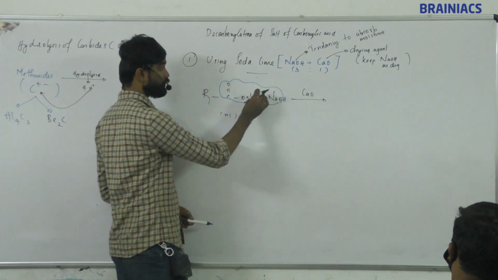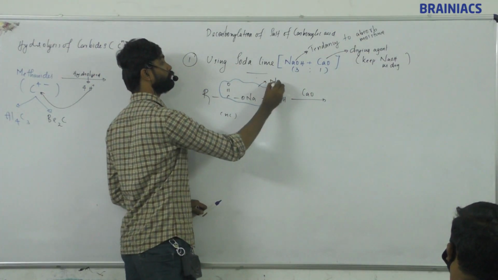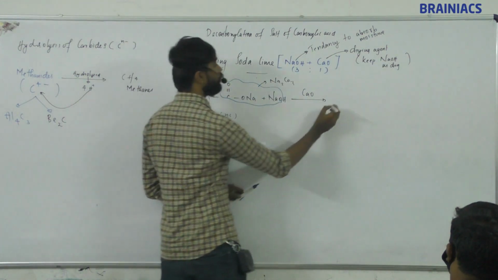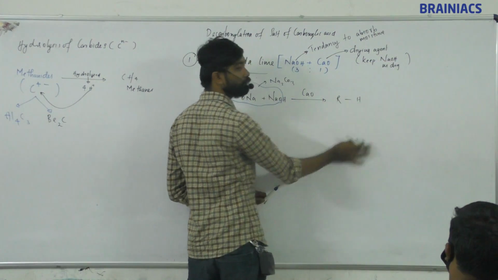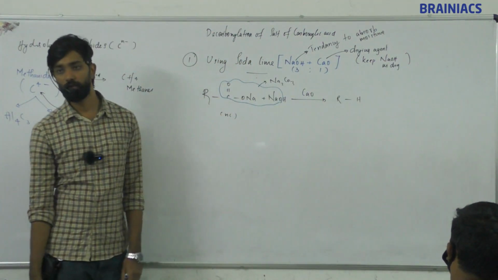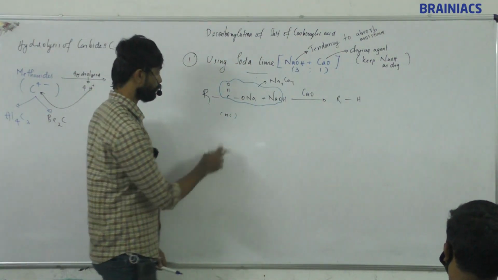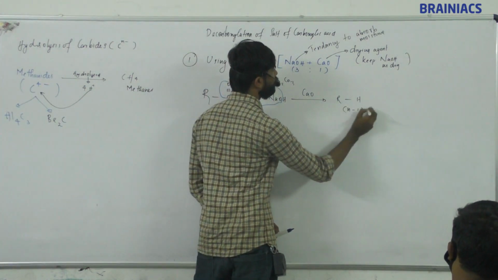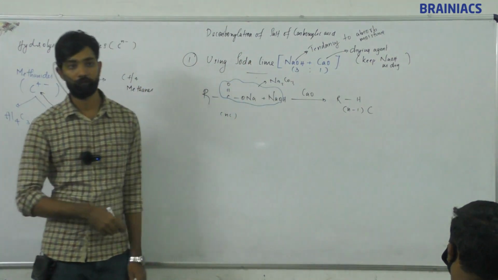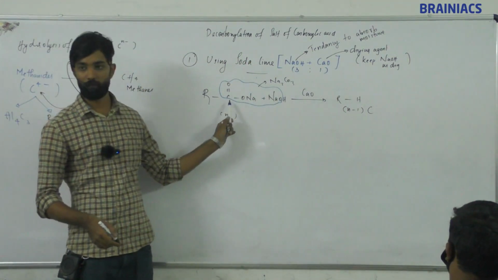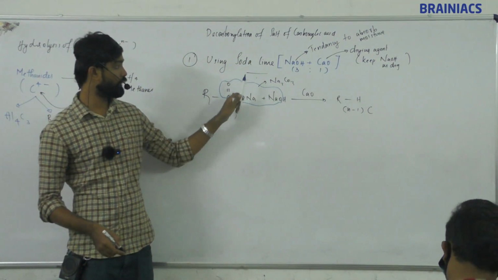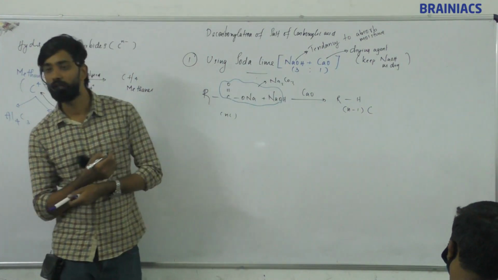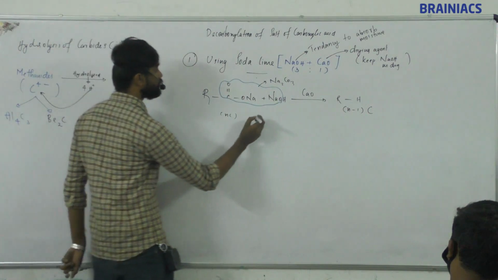The product will be RH. So your RCOONa has n carbons, then RH has n-1 carbons, one carbon is degraded. That is the carboxylate group. So the carboxylate group is degraded. That's why it is said to be decarboxylation. Simply, the logic is this much.